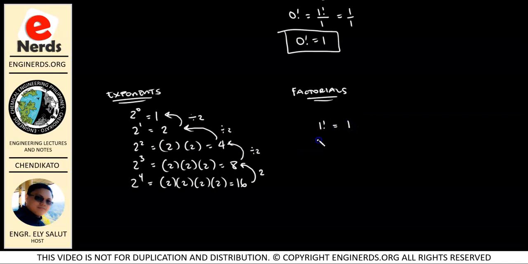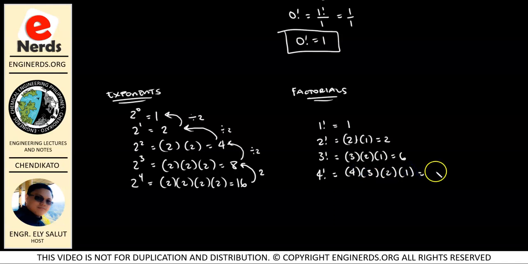Then we have 2 factorial, which is equal to 2 times 1, which is equal to 2. 3 factorial, which is equal to 3 times 2 times 1, which is equal to 6. 4 factorial, which is equal to 4 times 3 times 2 times 1, which is equal to 24.